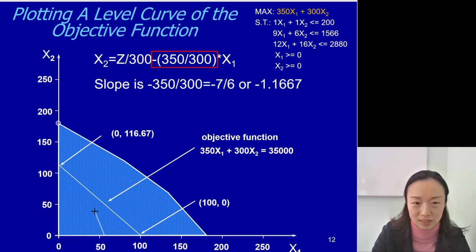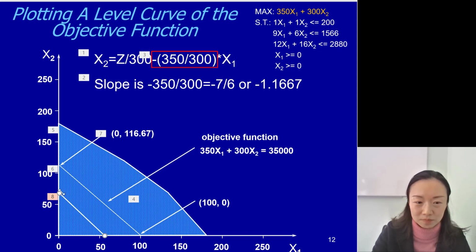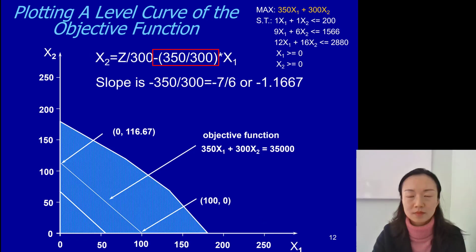You start from 60, and then your x2 value would be 70, right? Because it's negative 7/6. So that's another line we can draw with exactly the same slope, which is negative 1.166. And these two lines would be parallel. We call those lines that we draw using this same slope defined in this objective function level curves.